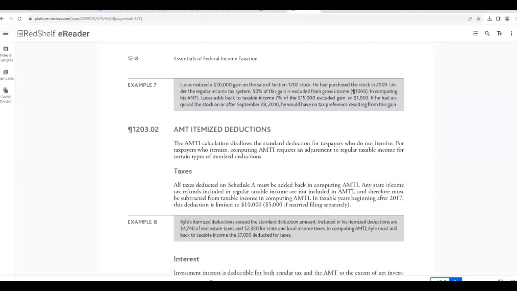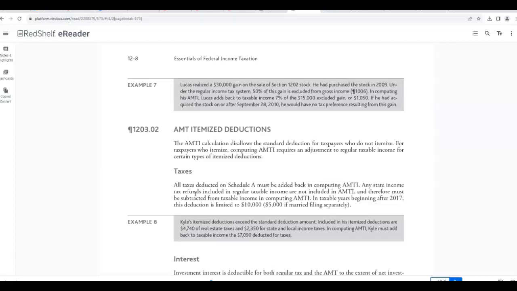What is that state income tax refund? Remember I said, if you get a state income tax refund from your tax return in April or May, let's say $300, you have to record that as income next year, because if you itemized it and all of a sudden you get it back, IRS says, wait a moment, you just itemized it, you showed me all this state income tax that you paid, and now you got $300 back and you want to hide it?